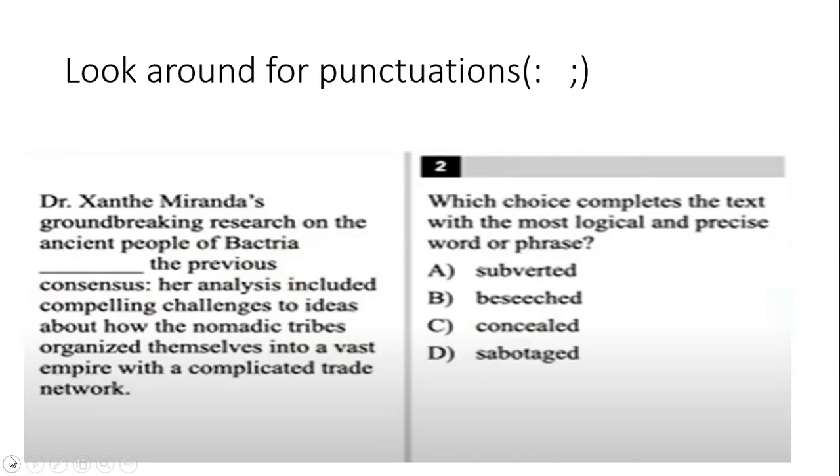I understand it's A, but I have a feeling for D because the text has compelling words like groundbreaking, compelling challenges, and complicated. So sabotage means the research done by Miranda has completely damaged, destroyed the previous consensus. Damaged. That's a very strong word.